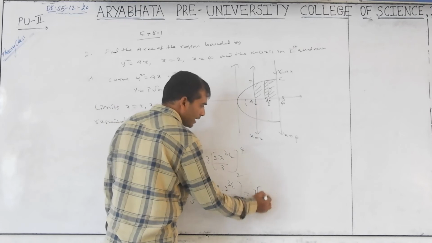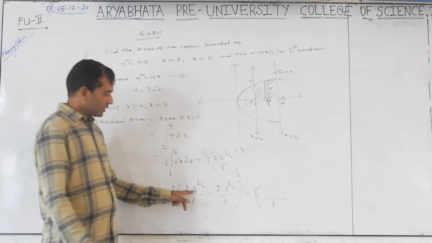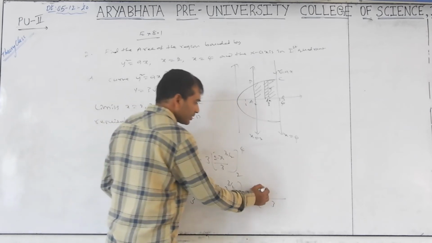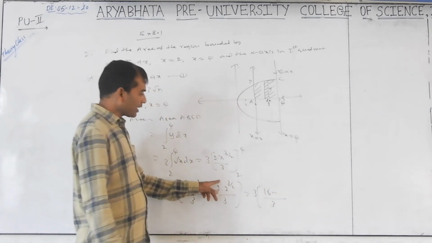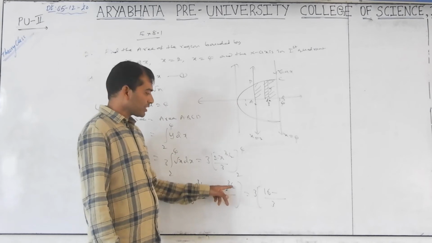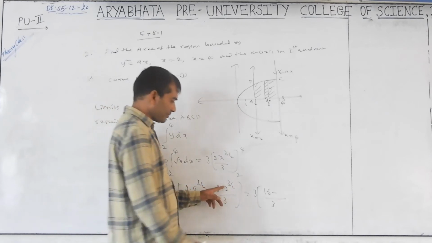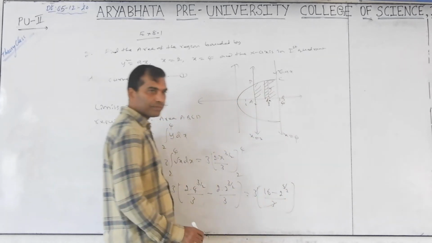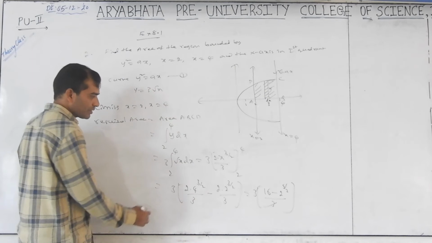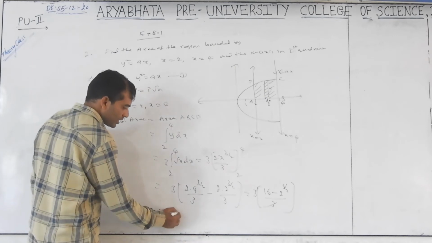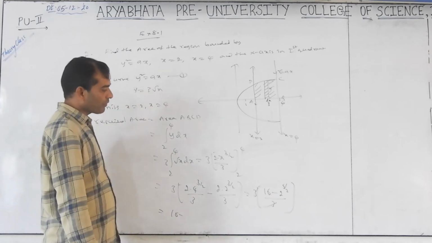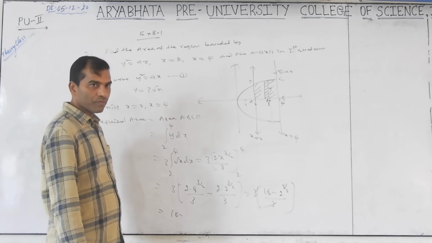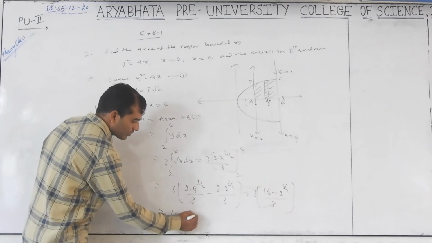LCM is 3. 2 square gets cancelled. 2 cube is 8, 8 into 2, 16. 16 minus 2 power 1 plus 3 by 2, 2 power 5 by 2, and 3 gets cancelled. Correct? Now 16 minus 2 power 5 by 2 means 4 root 2.